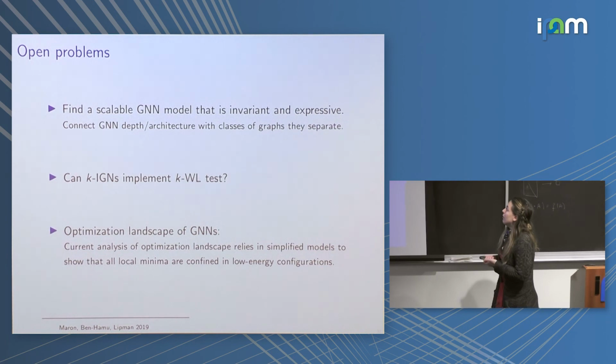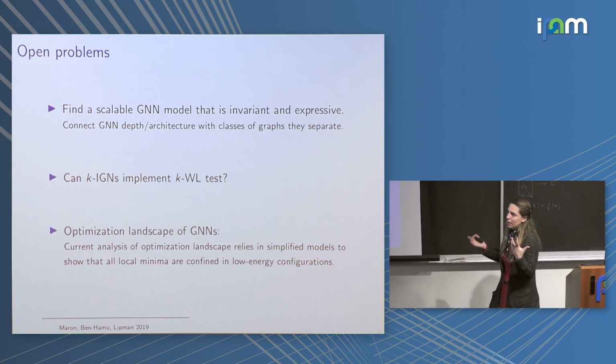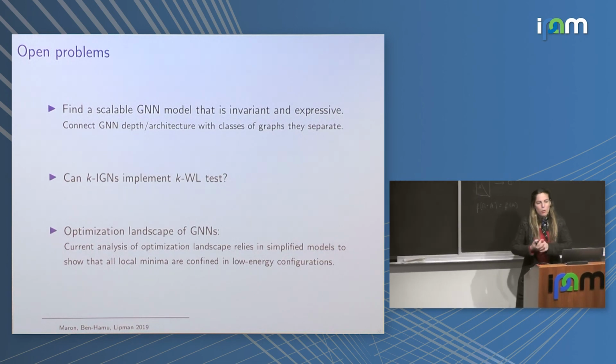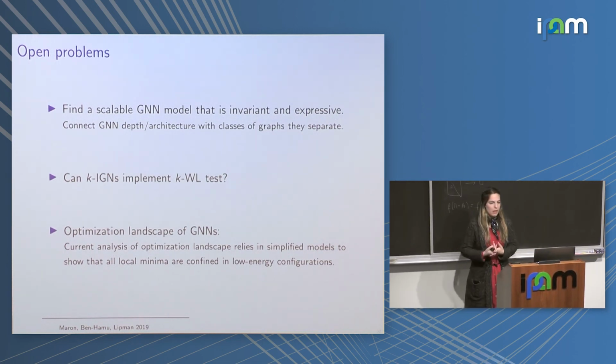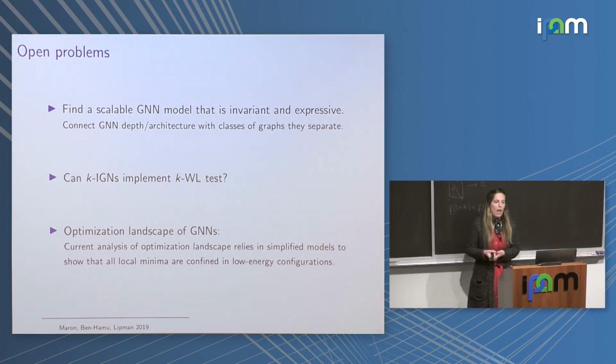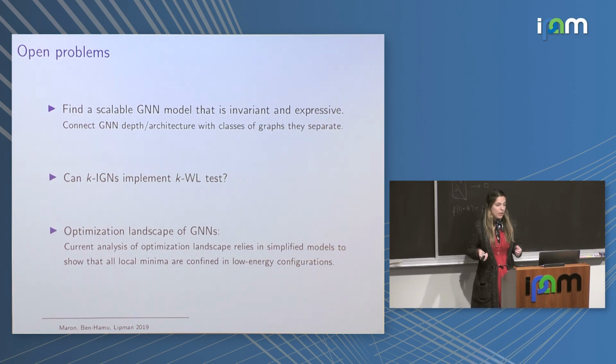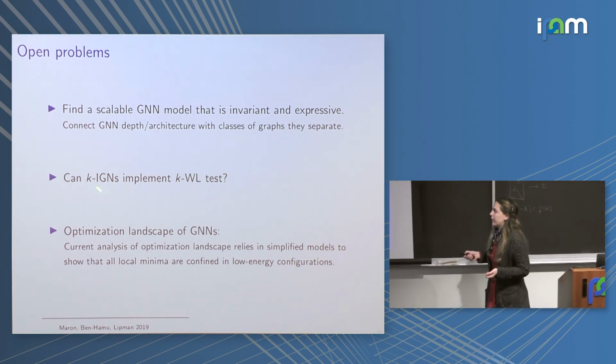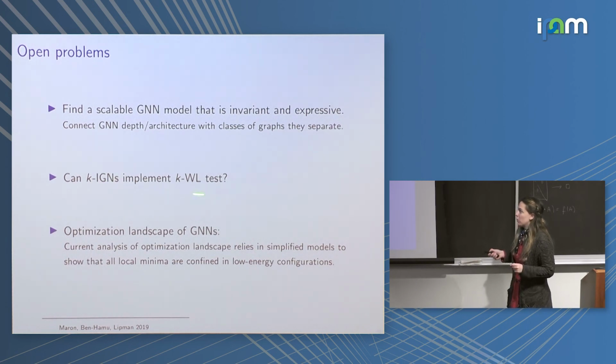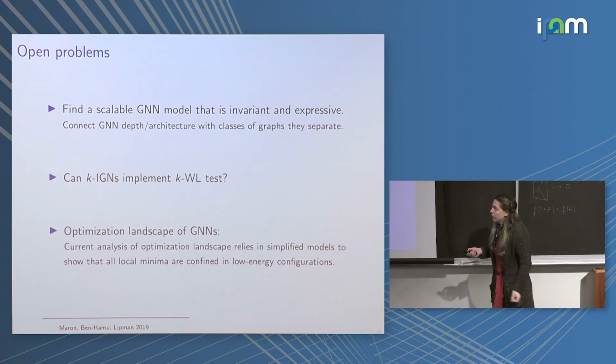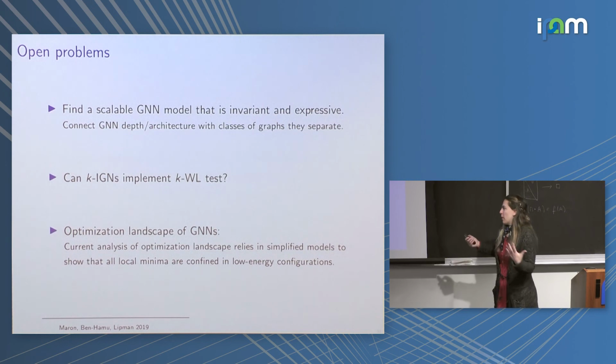In particular, the overarching problem is how do you find a scalable graph neural network that is both invariant and expressive, and how do you connect the architecture or the depth with the classes of graphs that they can separate. In particular, they ask whether the k-IGNNs, these invariant networks, can implement a k-WL test. That's an open problem.